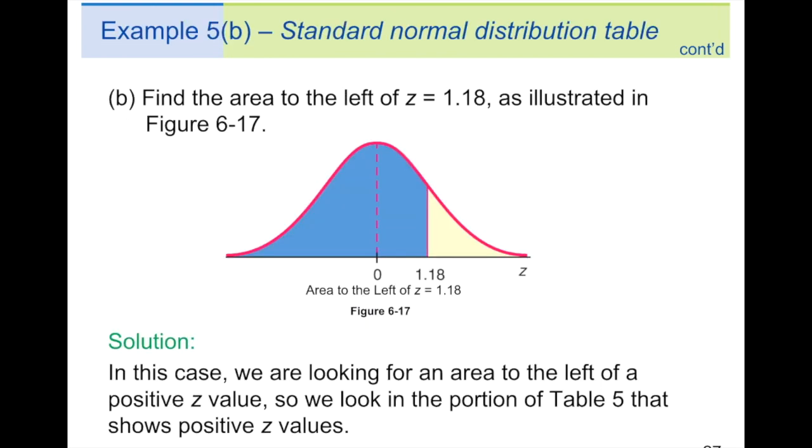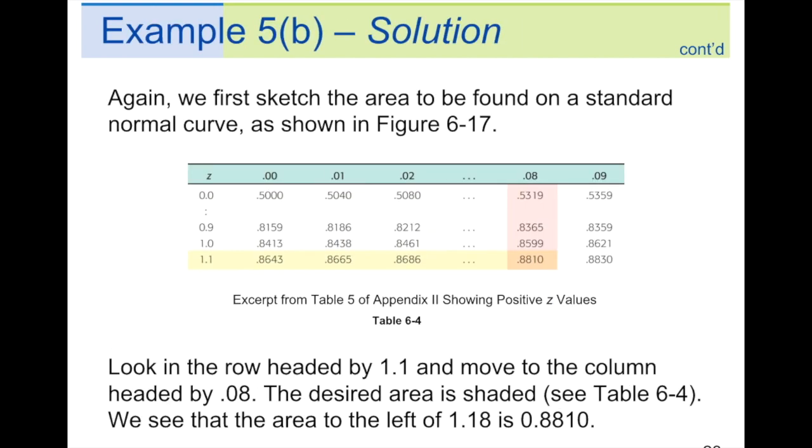Find the area to the left of z equals 1.18 as illustrated in this figure. In this case, we are looking for an area to the left of a positive z value, so we look in the portion of Table 5 that shows positive z values. Again, first we sketch the area to be found on a standard normal curve as shown in this figure.